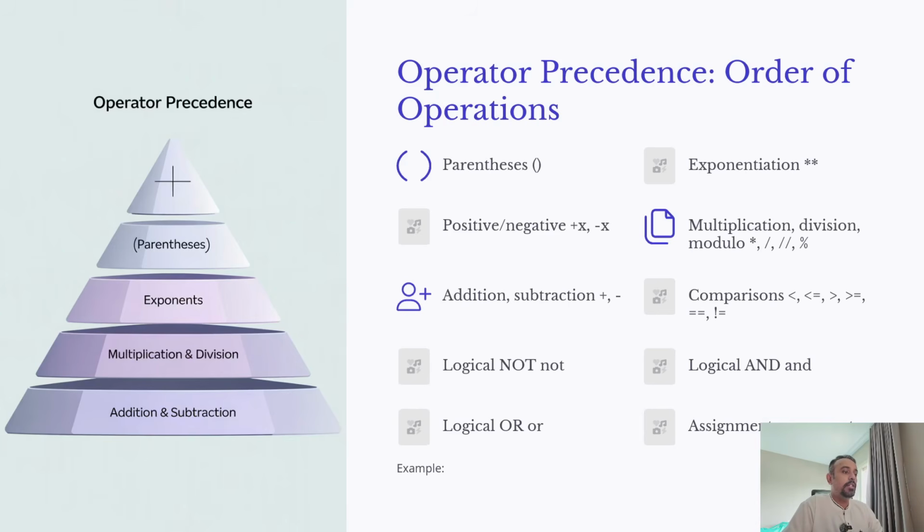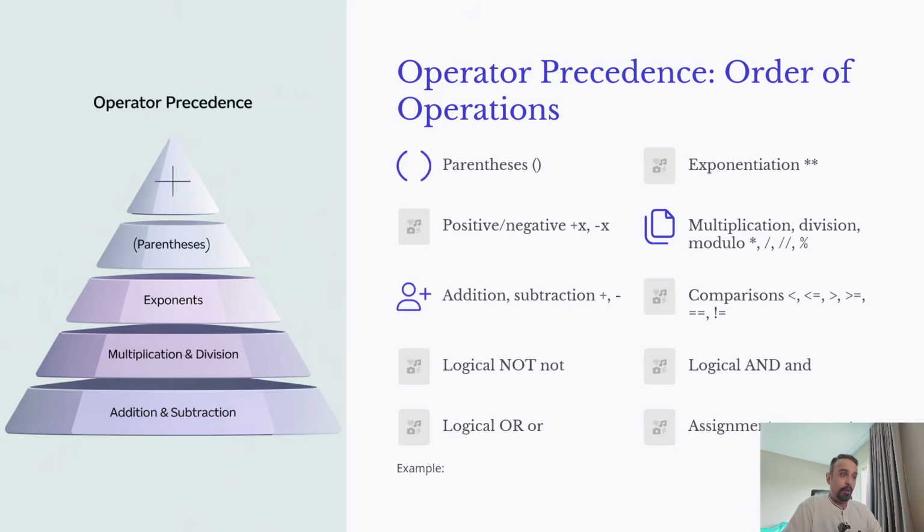First comes parentheses, which are always done first, like in math. Then comes exponentiation, where powers like 2 raised to 3 are executed second, after parentheses. Third, it executes positive and negative signs. Fourth, it performs operations like multiplication, division, floor division, modulus. Fifth, addition and subtraction.